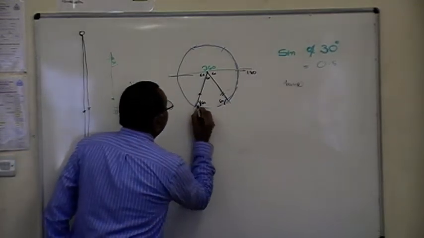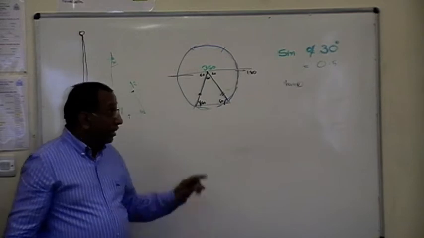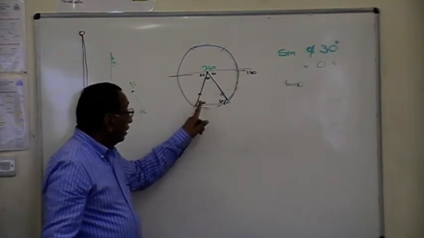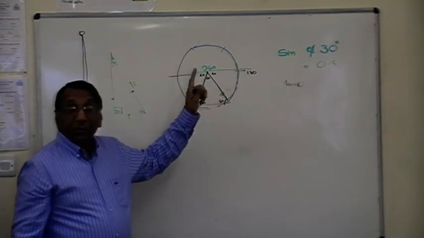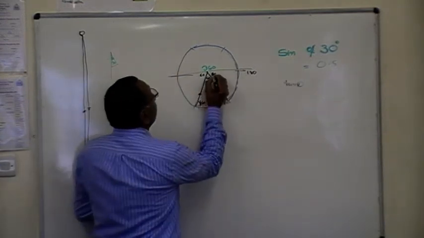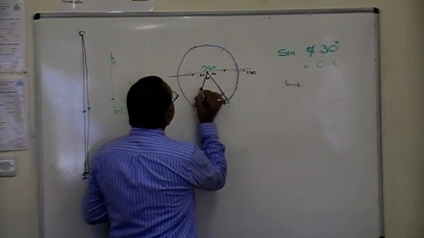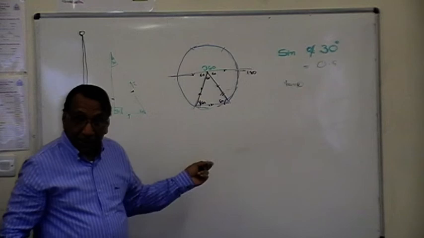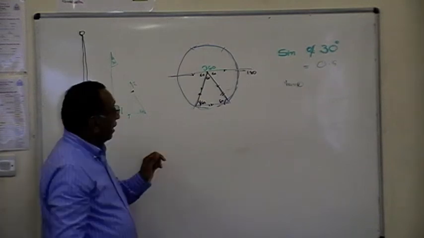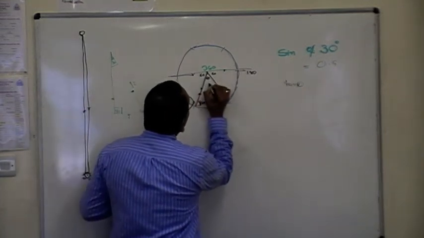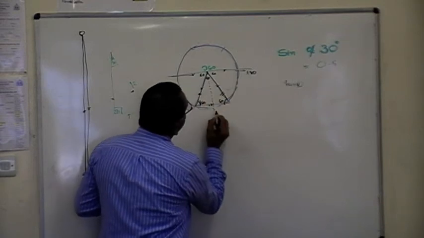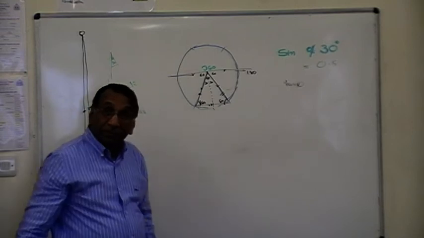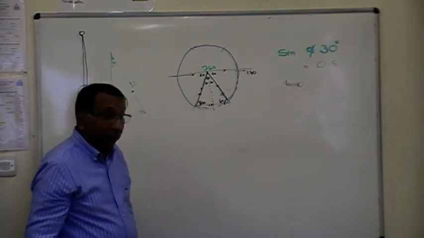So all three angles are 60, all three sides are equal, so all are equal to R. R means radius. If we divide this into two parts, this becomes 30 and this becomes 30.